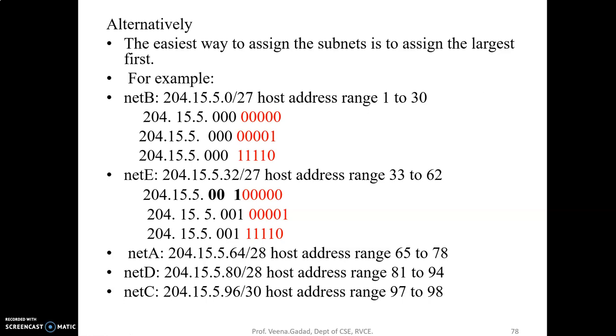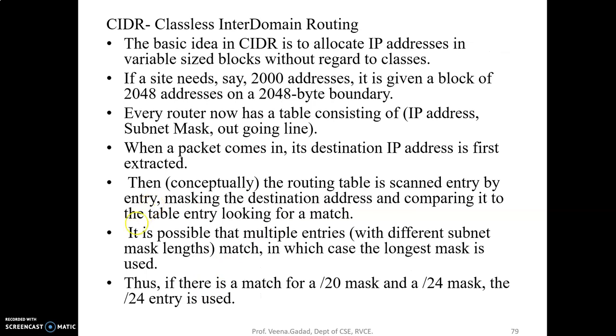manually, right? This is one more concept, which is called classless inter-domain routing, wherein I just do not consider which class an IP address belongs to. I make sure the requirements are satisfied by the requester. This is what is being followed now.